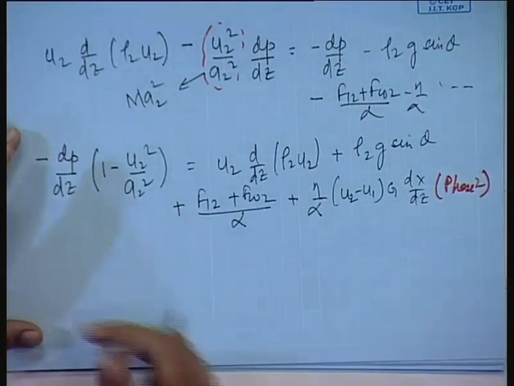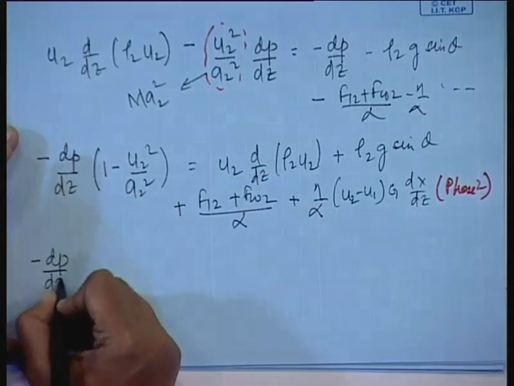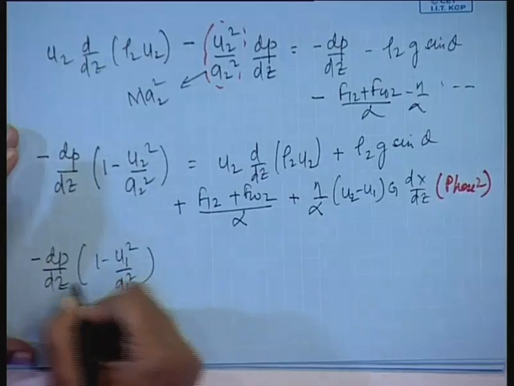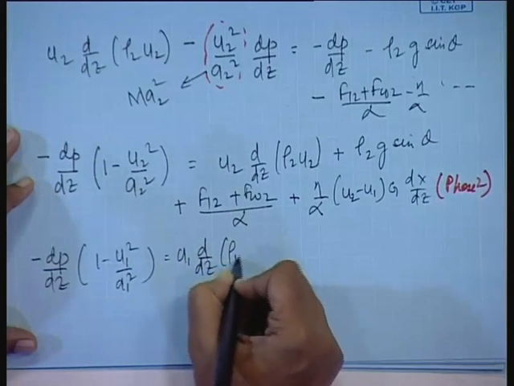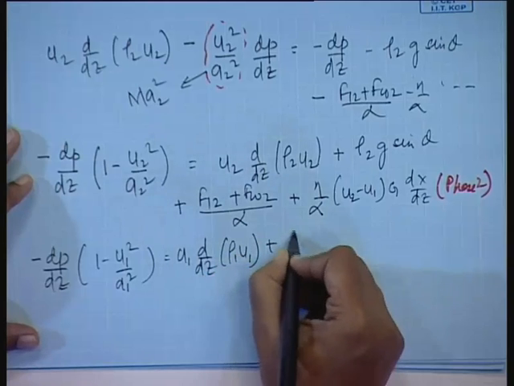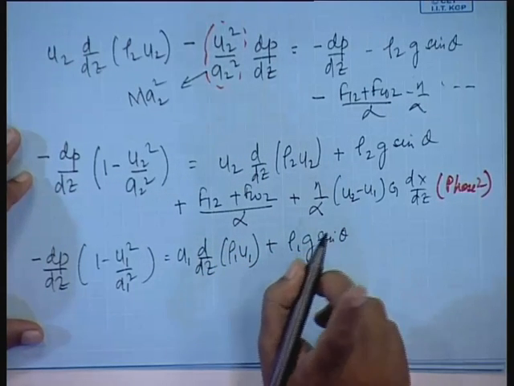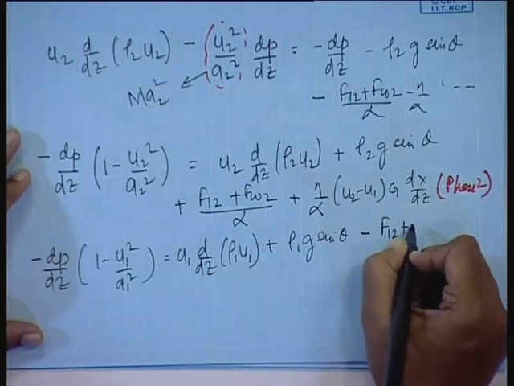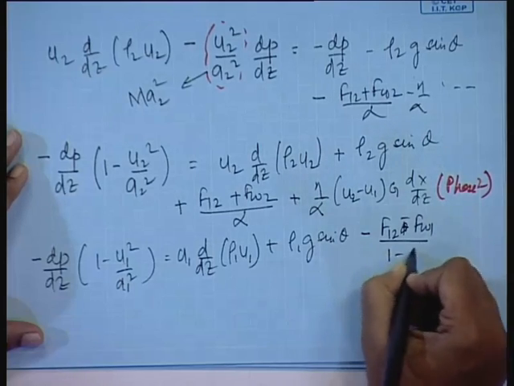Agreed? Similarly, I can just write down the same type of equation for phase 1. There is no need of deriving it separately. Just the same type of equation I can write down for phase 1. Yes or no? Plus rho 1 g sin. Just take into account one thing, the signs are very important, because here it becomes minus f12, sorry, minus fw1 by 1 minus alpha.